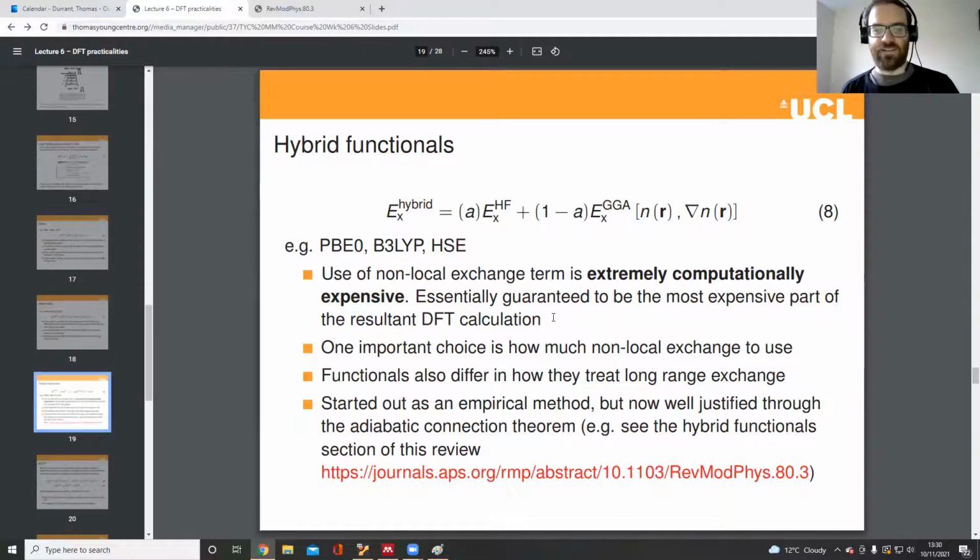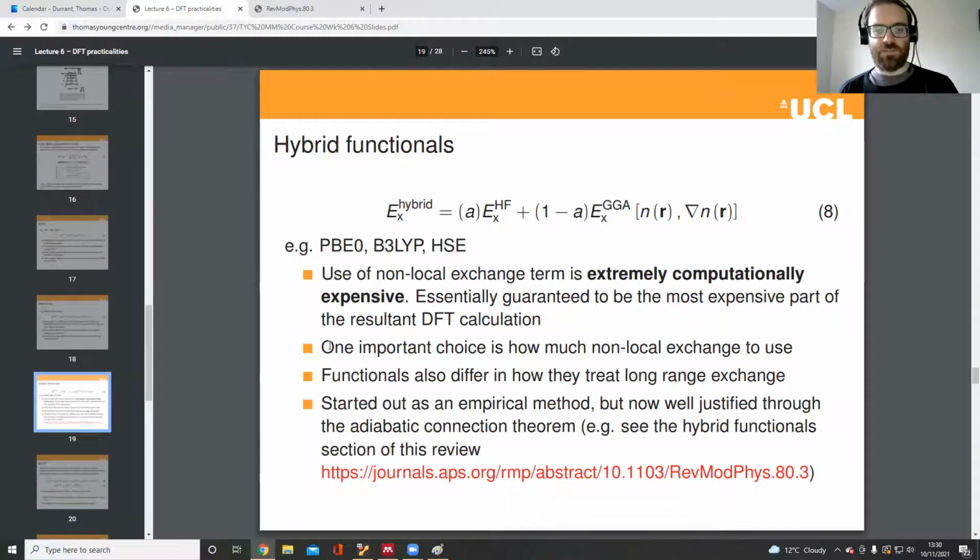It really does increase the cost of your DFT calculation a whole lot. So that is a downside of hybrid functionals. They're always going to reduce the size of the system we can consider. But the upside, I guess, is that these functionals can be more accurate. Otherwise, people wouldn't use them.